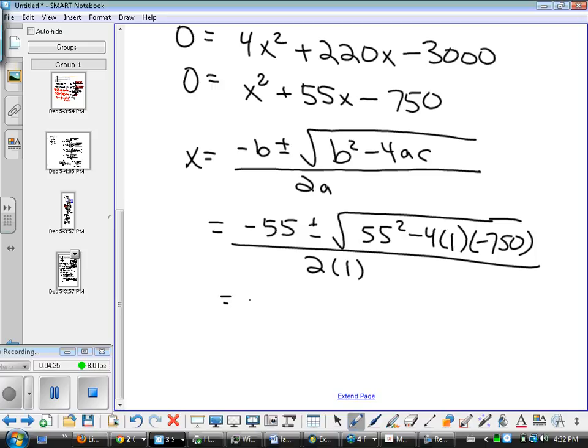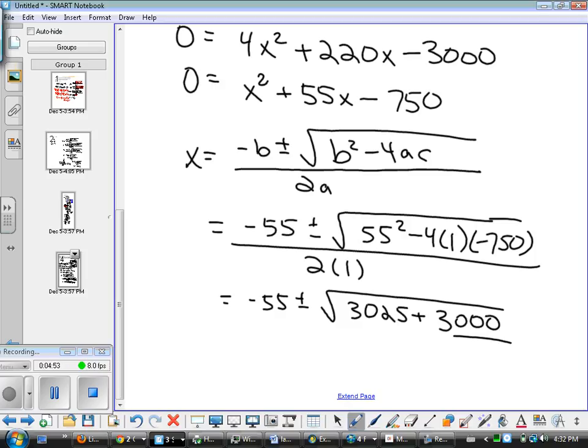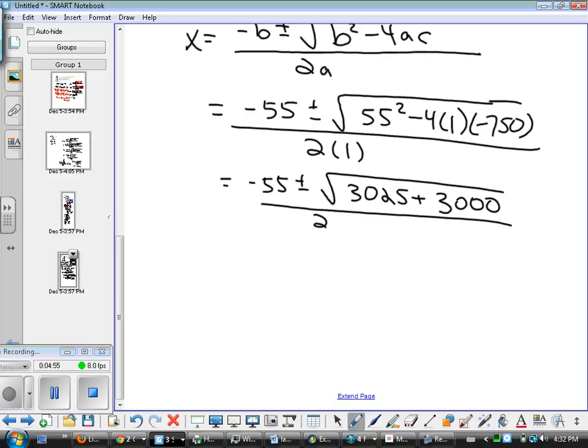Negative 55 plus or minus the square root of 55 squared. 55 squared is 3,025, plus 3,000, all over 2, equals negative 55 plus or minus the square root of 6,025 all over 2.